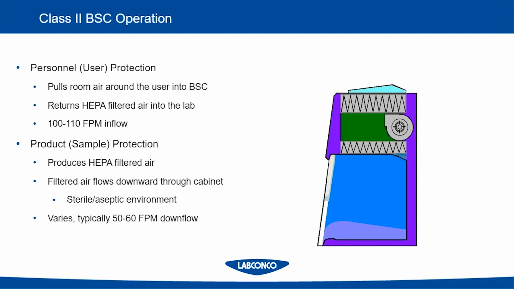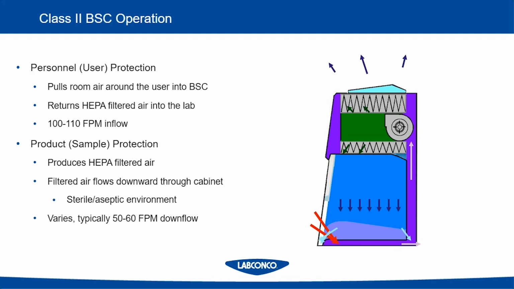As I mentioned in the previous slide, the Class II BSC provides personnel protection by pulling room air into the front of the cabinet. This air then passes under the work surface. It goes to a shared plenum and then is exhausted out either into the laboratory or downward over the work surface after passing through a second HEPA filter.